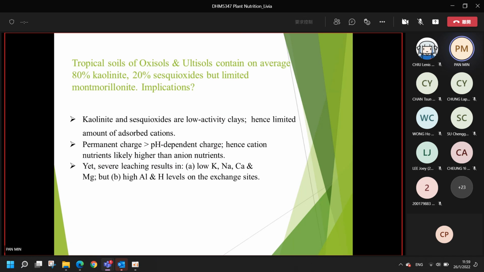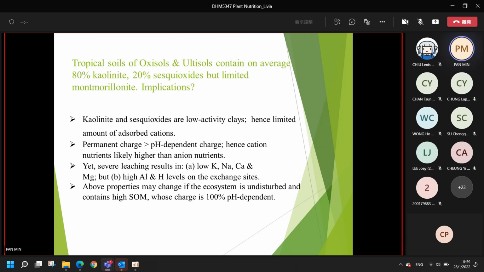potassium, sodium, calcium, magnesium, and all these belong to the essential nutrients. However, they have a high aluminum and hydrogen level on the exchange sites, which means that the soil pH will show acidity, with less of the essential nutrients available to the plant. We call this acid toxicity by the aluminum and the hydrogen.